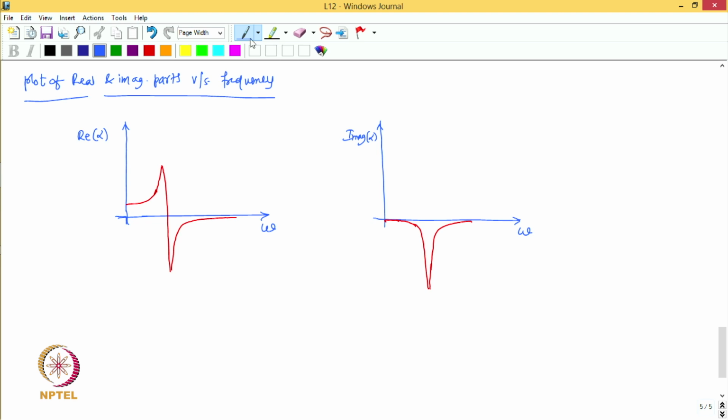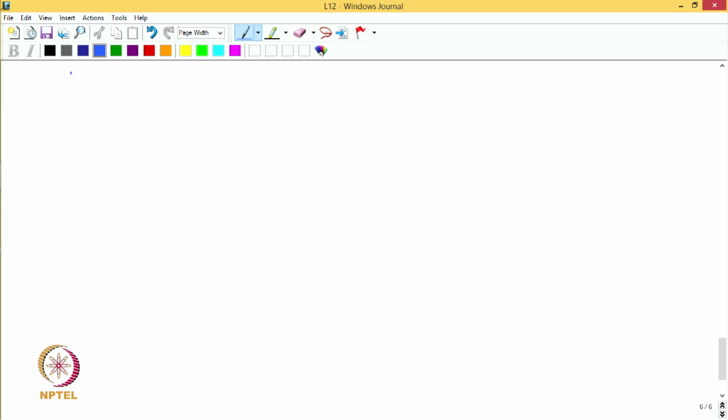Another plot which is used to present a FRF is what is called the Nyquist plot. Right. Nyquist plot is a plot of the real part of the FRF versus the imaginary part, right.